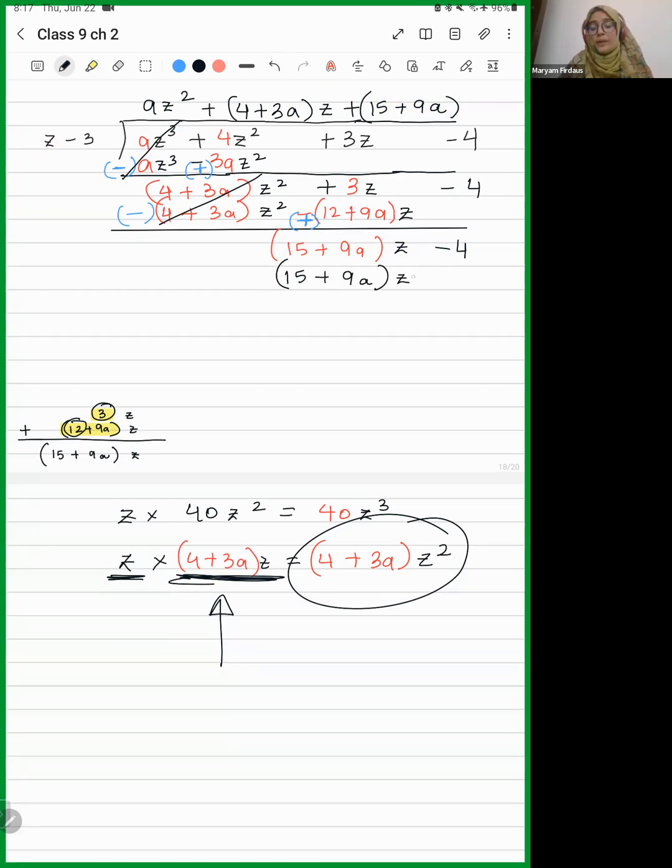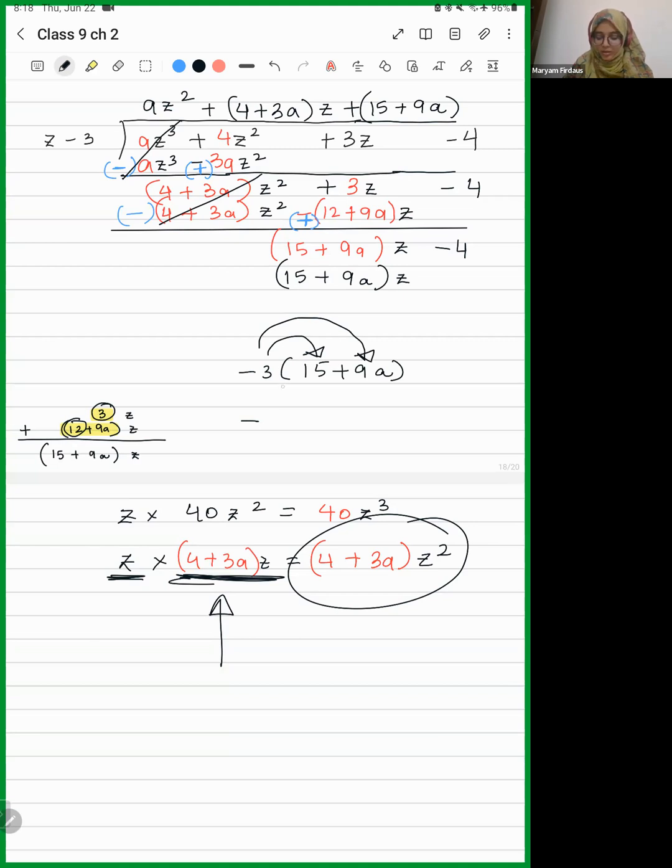And then what do we do? Tell me quickly, we don't have much time remaining. Minus 3 into 15 plus 9a. What is minus 3 into 15 plus 9a? We keep the minus sign outside, okay? Then multiply this 3 with whatever is inside the bracket.